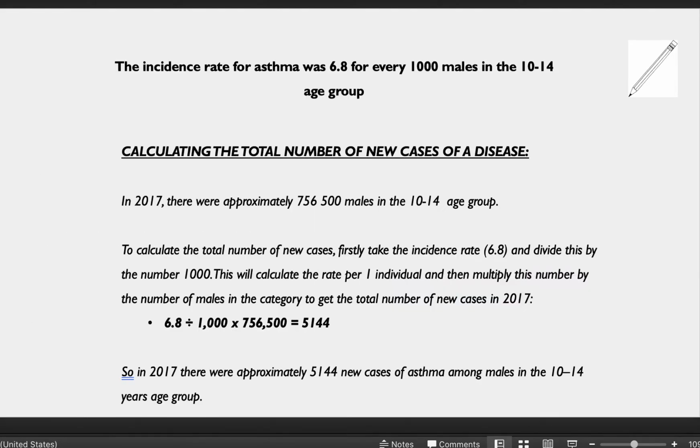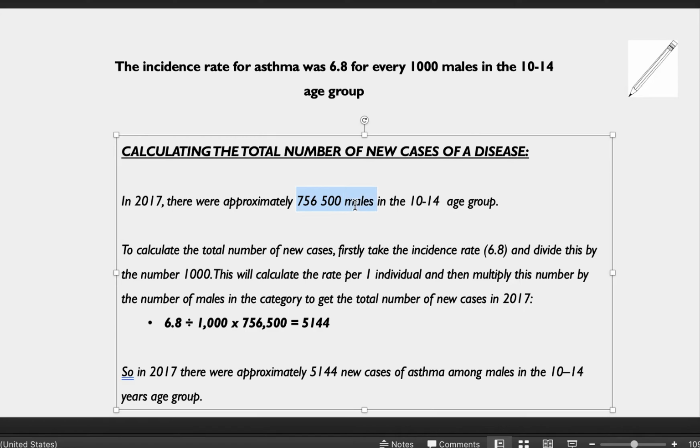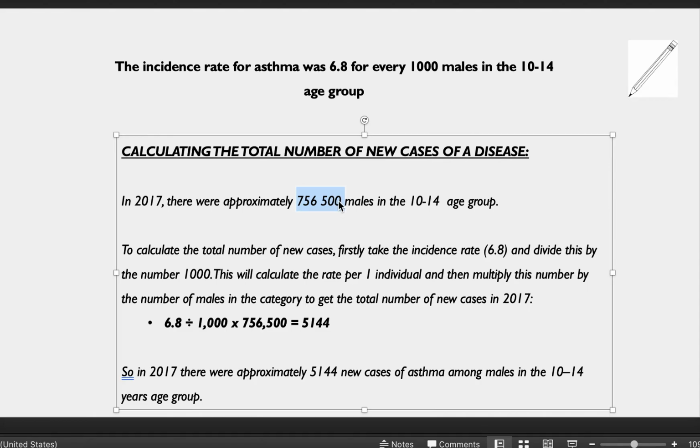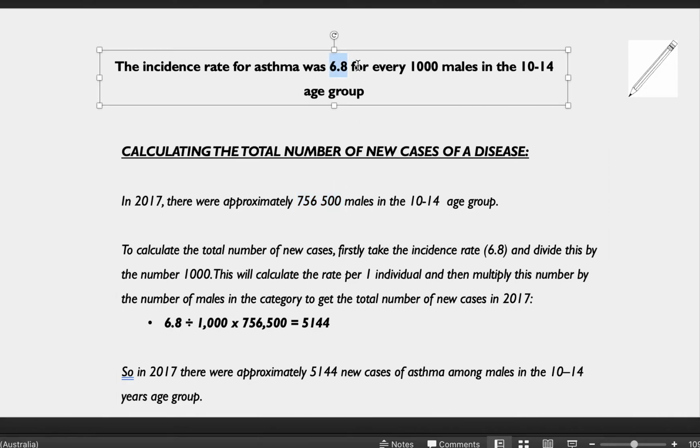But what we need to understand here is that there isn't 1,000 males in an age category. There is a much larger number. So we need to actually take this number per 1,000 and work out with multiplication the actual amount of people in that category, how much incidence is actually occurring, because this 6.8 per 1,000 is a rate.